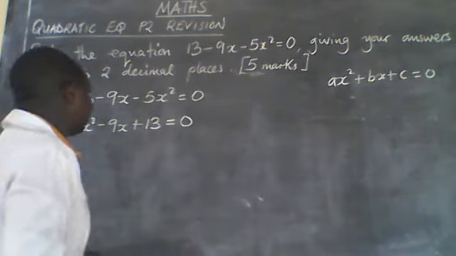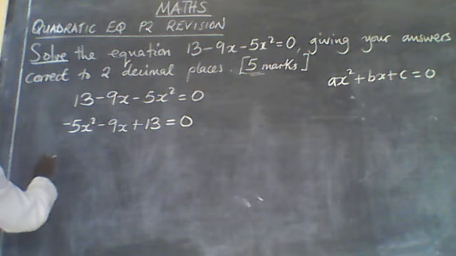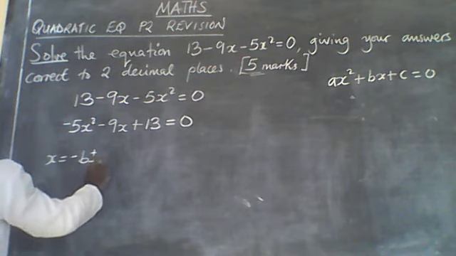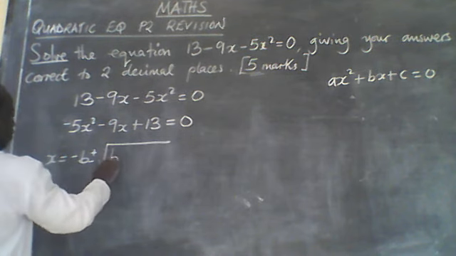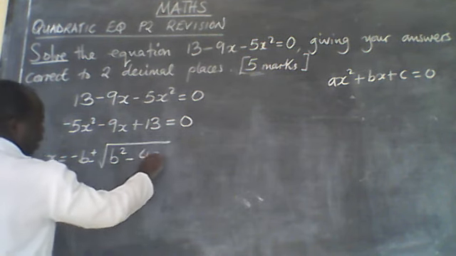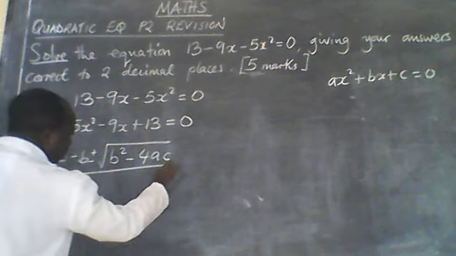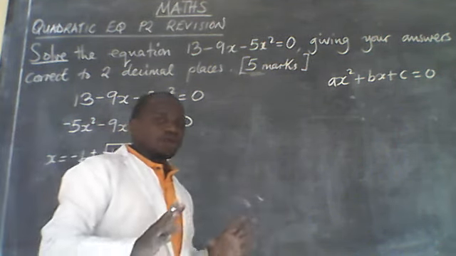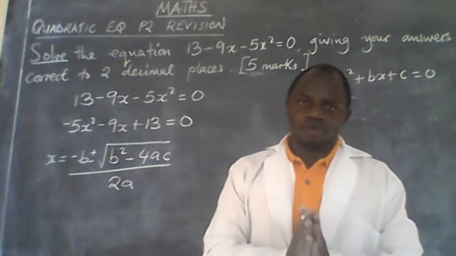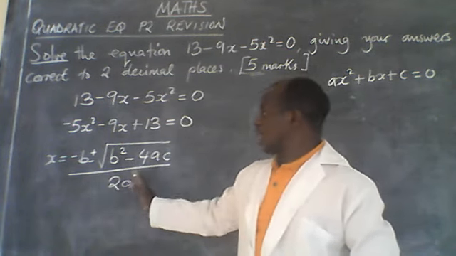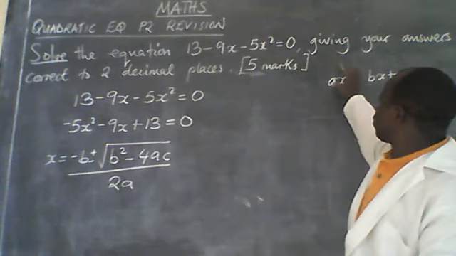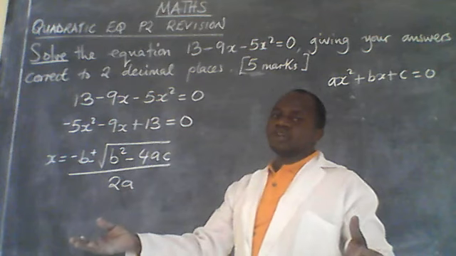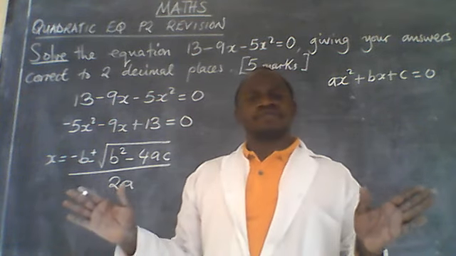This is the formula. x is equal to negative b, positive negative, square root, b squared minus 4ac, everything over 2a. That is what we call the quadratic formula. It has got a, b, c coming from this explanation here. You do your substitution, use your calculator, and find the answer. As simple as that.